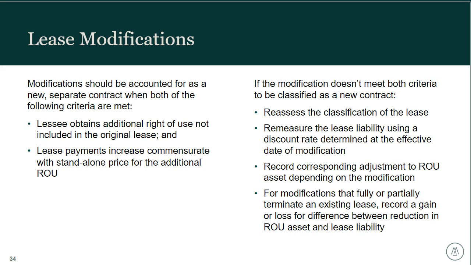So if we add in a renewal option or things of that nature that were not originally in the lease, then we're going to have to reassess classification. We will then remeasure using the discount rate at the effective date. Again, we record it with that discount rate. We leave the discount rate alone until we modify or remeasure. And then we record the corresponding adjustment to the asset. And then if we terminate an existing lease, then we will have a gain-loss event there.